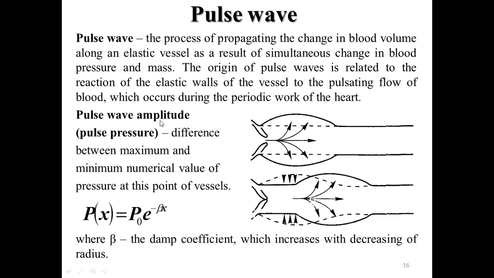When we consider the propagation of the pulse wave along our vessels, we can describe it by such an exponential law. Pulse wave amplitude or pulse pressure P0 represents the difference between the maximum and minimum numerical value of pressure at this point of the vessel. Beta represents the damping coefficient, which increases with decreasing radius of our vessel.